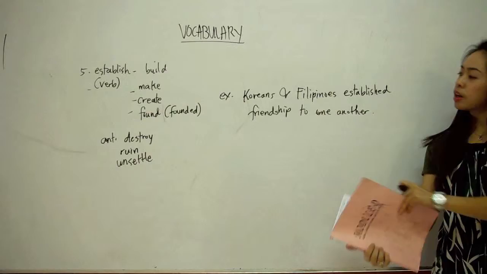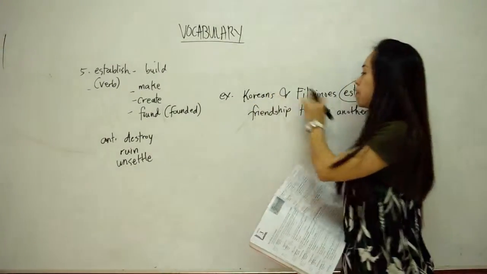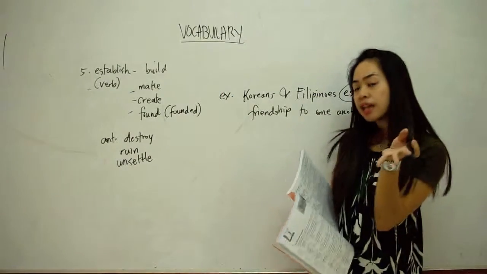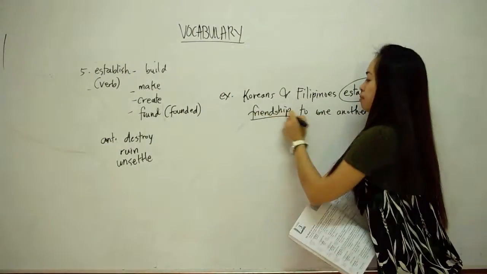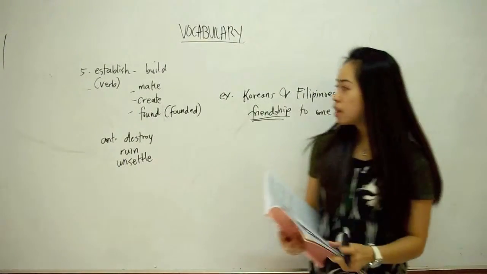So from the word established here, the meaning is that Koreans and Filipinos were able to create friendship with one another. That is why nowadays there are a lot of Koreans in the Philippines.